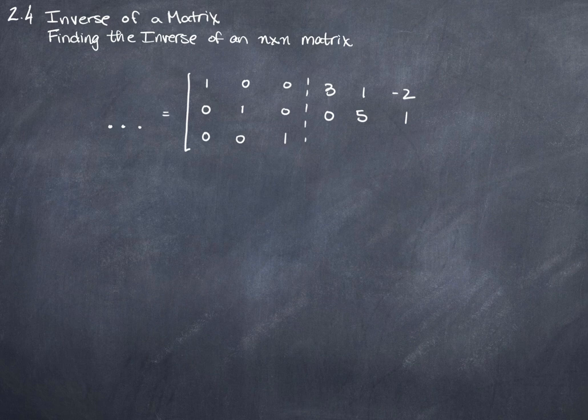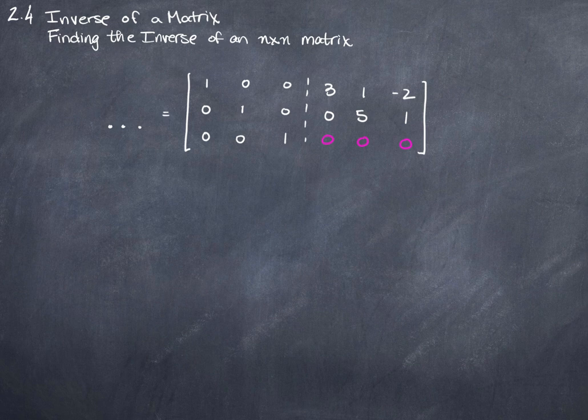As you are working through this process and you get down to the place where you have your identity matrix on one side and you're just finalizing the last elementary row operation, and you end up with a row, it doesn't have to be row 3, but any row that's all zeros, then there's a problem.